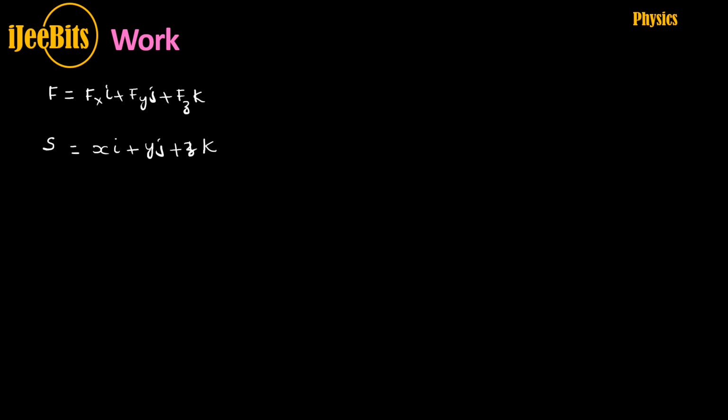Then what is the work done? Work done is F dot S. The vector representation is Fx of i plus Fy of j plus Fz of k, dot product with x i plus y j plus z k.